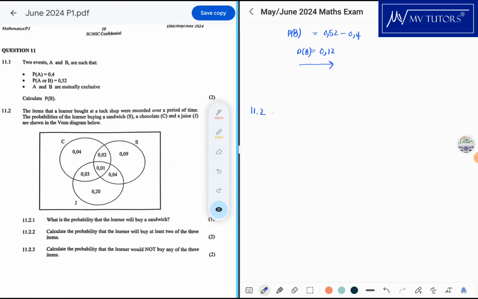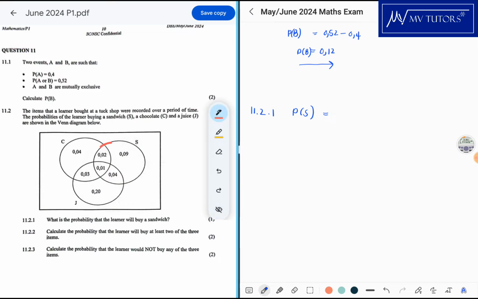First question, 11.2.1. What is the probability that a learner will buy a sandwich? Okay, so if the learner is going to buy a sandwich, probability, I'm just going to say PS. Probability of buying a sandwich, you're basically going to add, let me just make this visible.